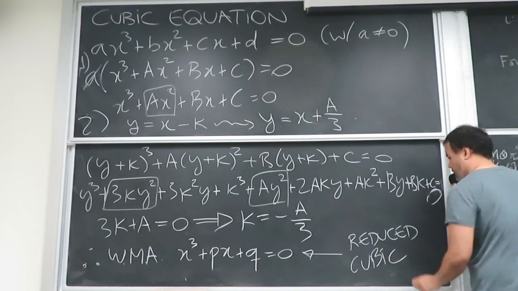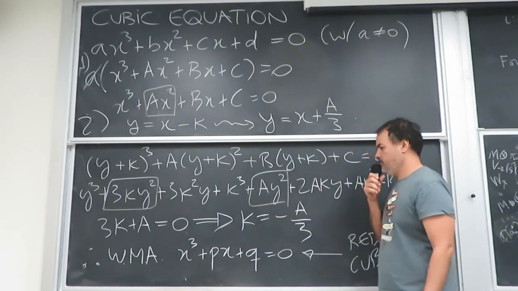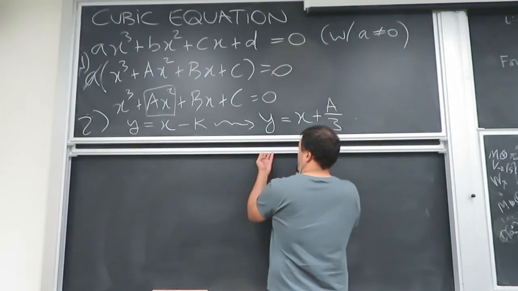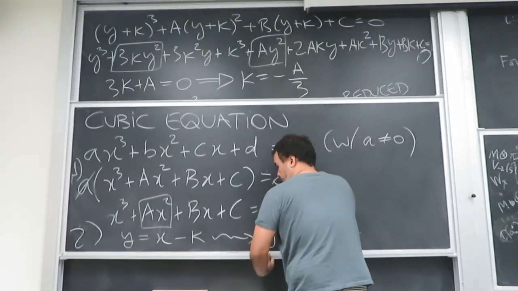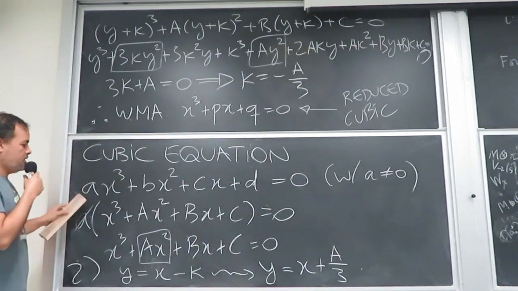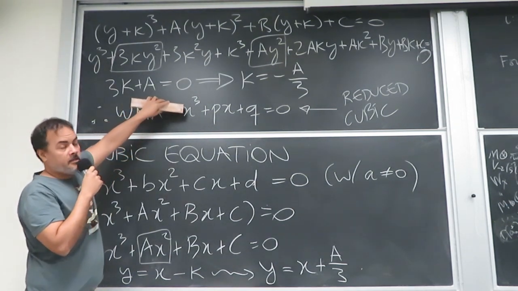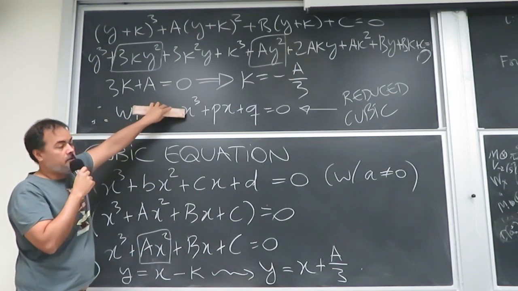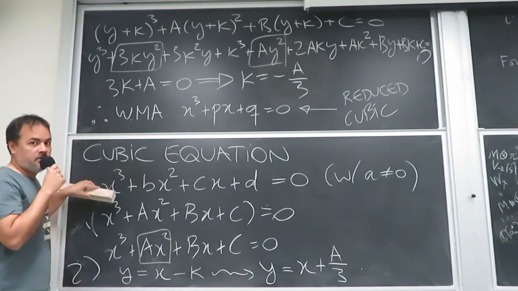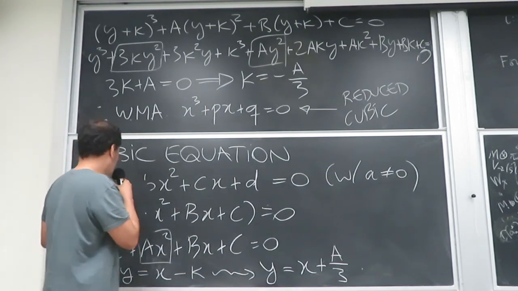Okay, now we are going to work on this reduced cubic. Remember that we did these reductions, so if we have a solution for this reduced cubic, we can go backwards until reaching the solution of the general equation, right?